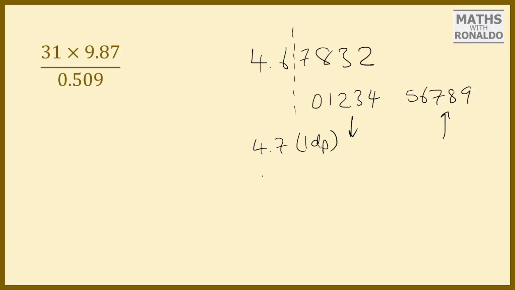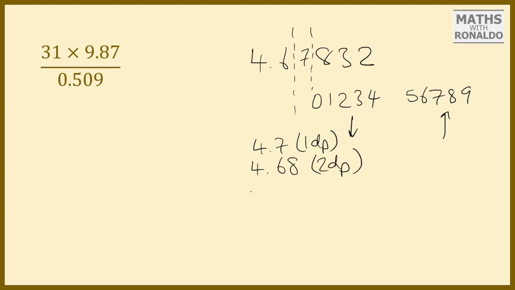If we were to round to two decimal places, well, we look at two decimal places in, and we have 4.6, and the next number, well, the number after the 7 is 8, and 8 is greater than 4, and therefore we need to round up. So it's not 4.67, it's 4.68 to two decimal places.